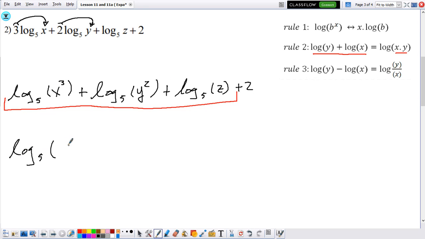So that becomes log of 5, the first thing that was in the parentheses, which is to the third, times the second expression that we have in the parentheses, which is y to the second, times the third expression, which is z plus 2. This is pretty much it. Notice how many logarithms do we have in our final answer? We have one logarithm, so we just condensed it, or we wrote it as a single logarithm.